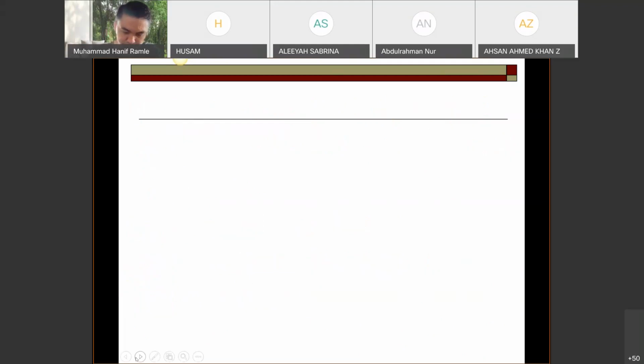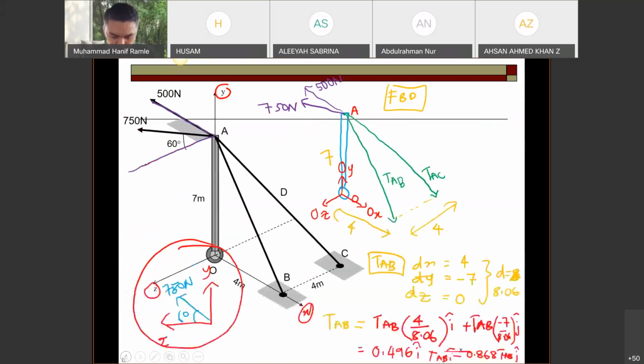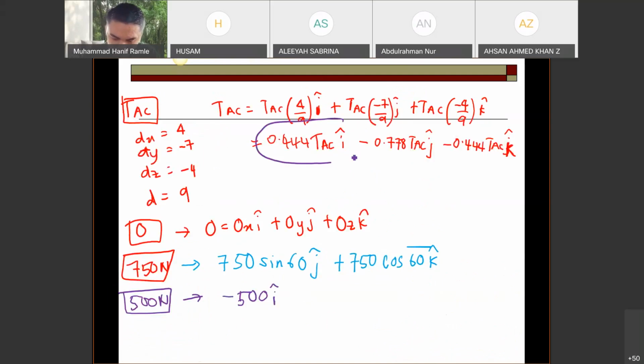So Fx equal to 0. You have to put this one as component, this one, and this one. Please recheck. If any wrong, please inform me.